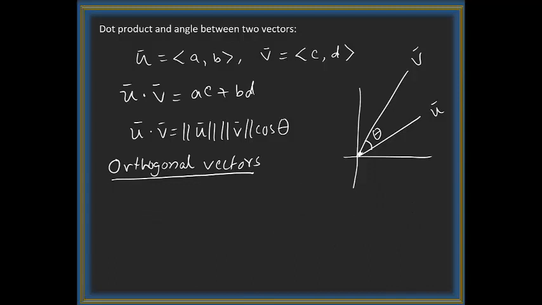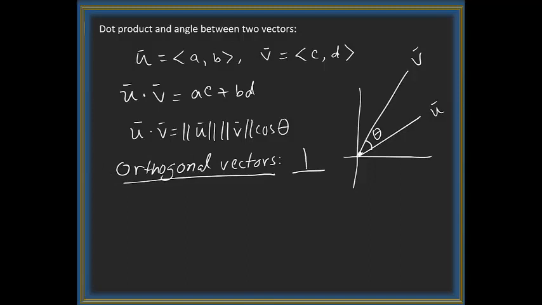Orthogonal vectors. When the vectors are perpendicular to each other, that is called orthogonal. So if the angle between two vectors is 90 degrees, then we call them orthogonal vectors. For orthogonal vectors, theta will be pi over 2, and cosine pi over 2 is 0.